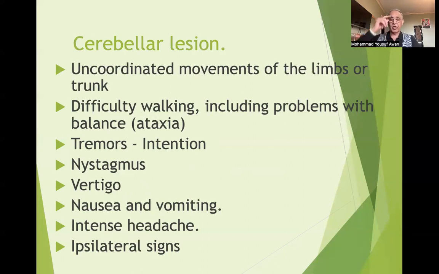Also nystagmus, central horizontal nystagmus, vertigo, a sensation of the surrounding environment spinning, nausea and vomiting, intense headache, and ipsilateral signs. The signs are on the same side as the lesion in cerebellar lesion, while in the motor cortex, the signs are on the opposite side of the body.